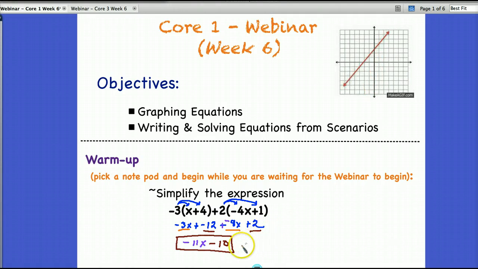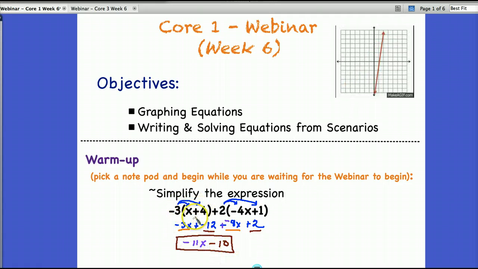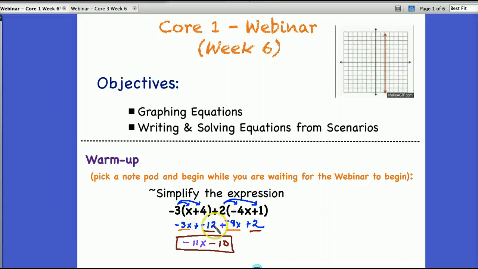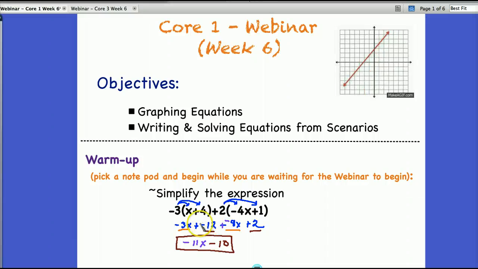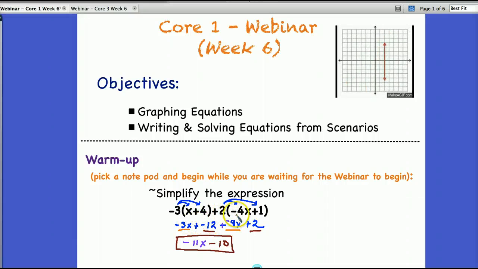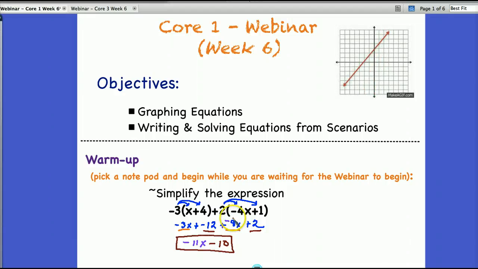She can see now. So, Tashana, can you see where I distributed the -3 into both of those terms? Because you did -3 times 4, right? I did -3 times 4. And then you did 2 times -4. Good. Plus 1, or no?